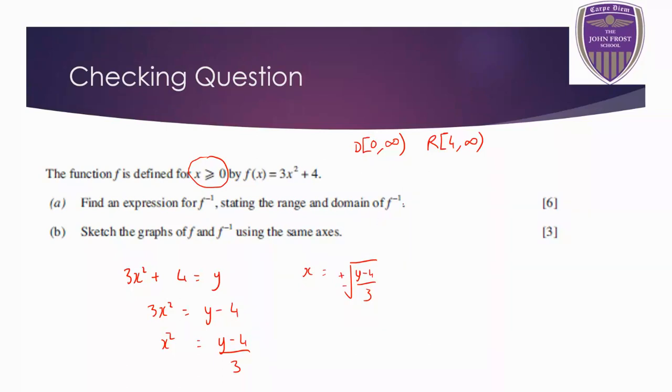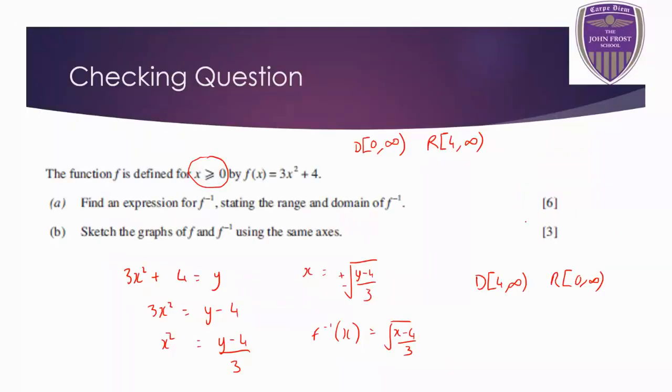Need to decide whether it's positive or negative. Well, it's going to be positive because the domain of the inverse function is going to be 4 to infinity, and the range is going to be 0 to infinity. So we know the range is going to be positive, so the inverse function is going to be the positive root of x minus 4 over 3.